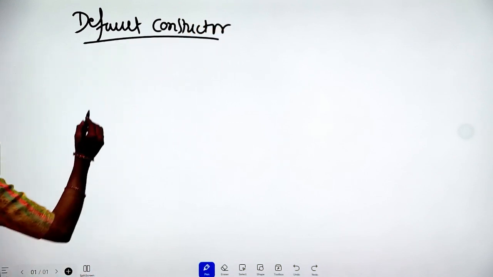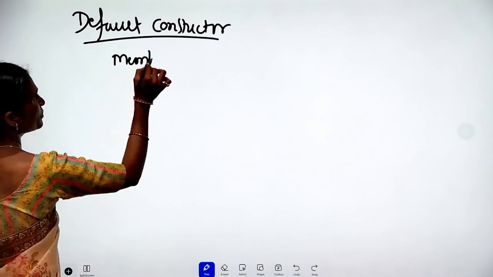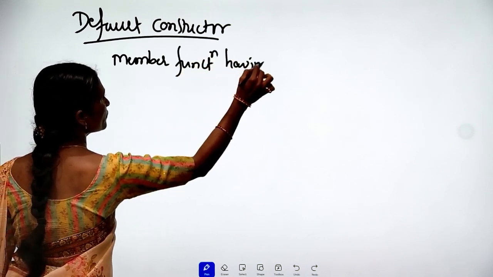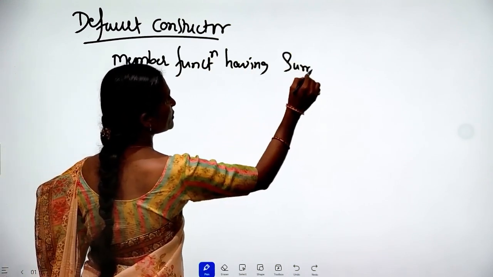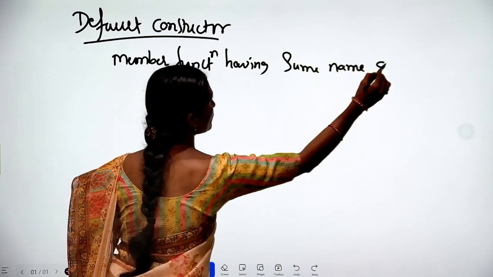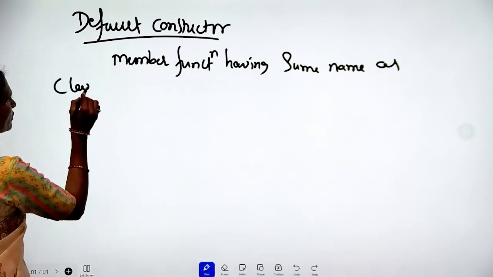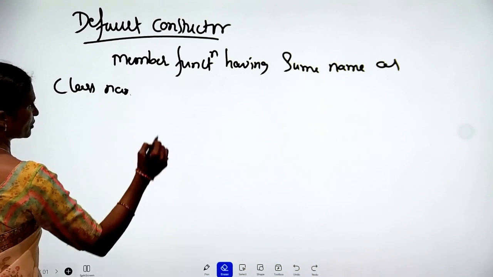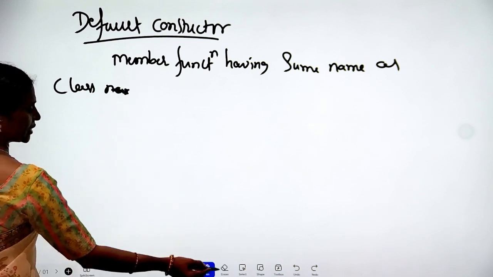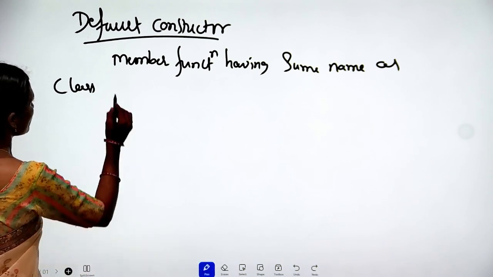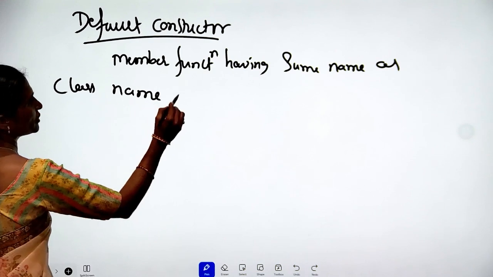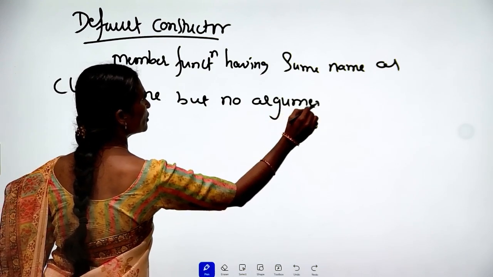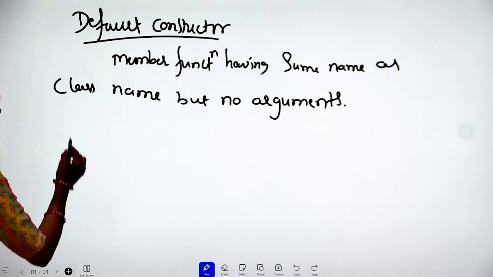A default constructor is a member function having the same name as the class name, with no arguments. So let's have a syntax.